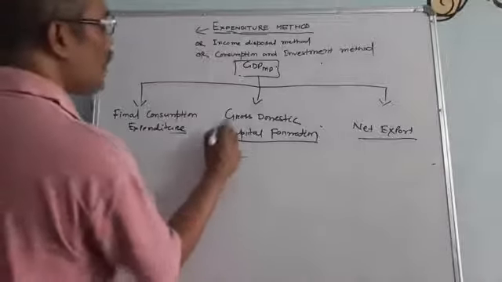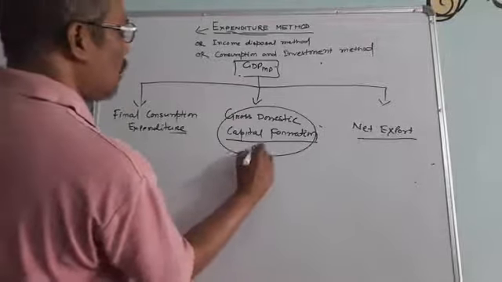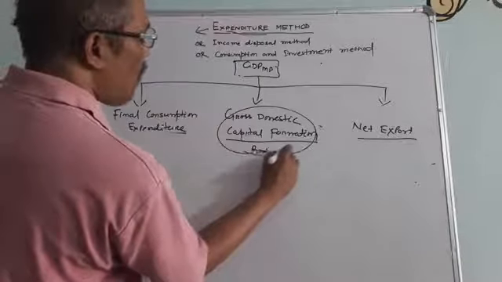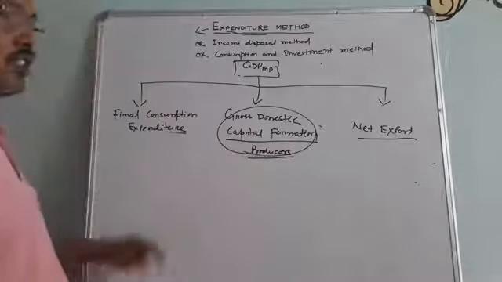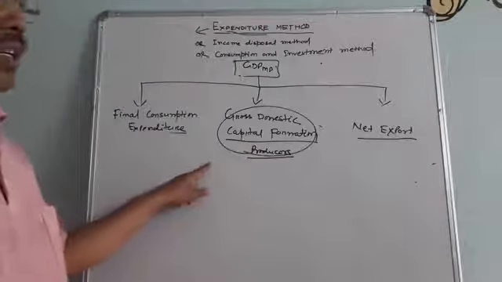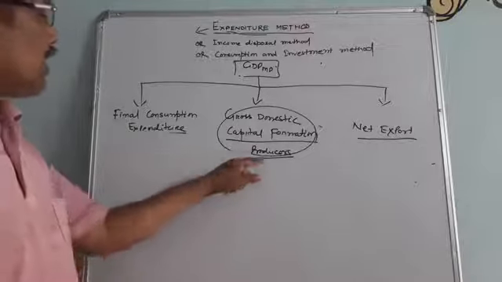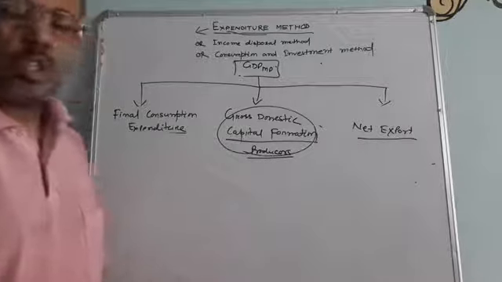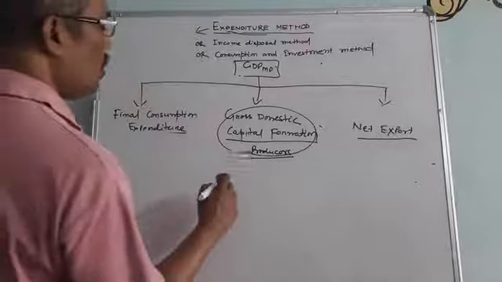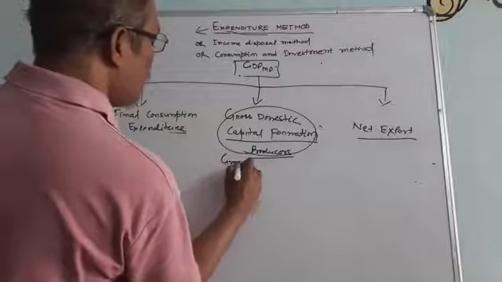This is the expenditure done by the producers because they will invest their capital to produce different output. That kind of expenditure is called gross domestic capital formation or gross domestic investment.